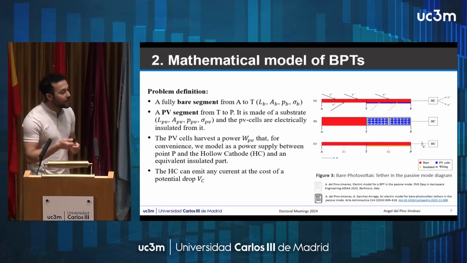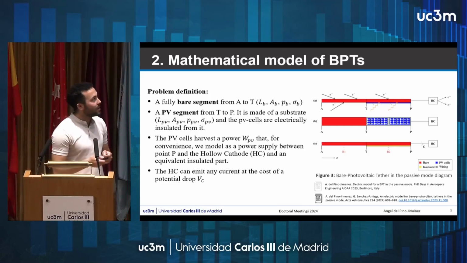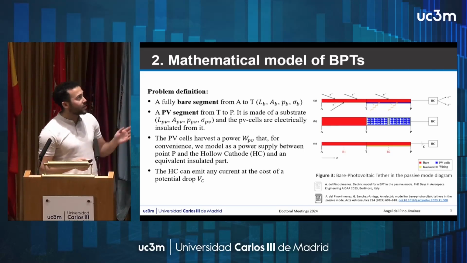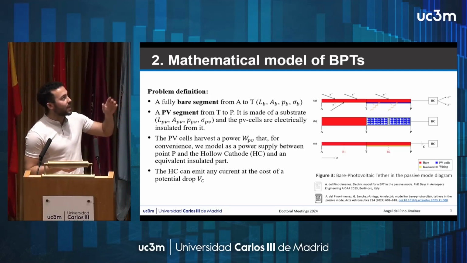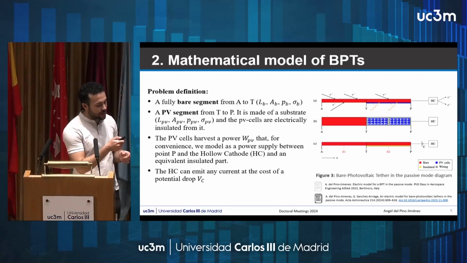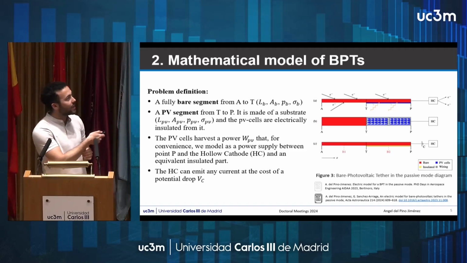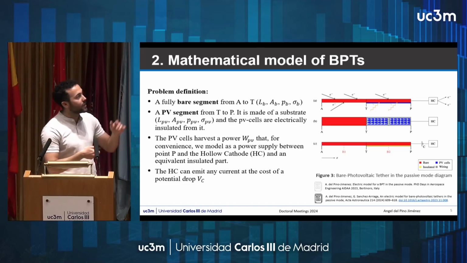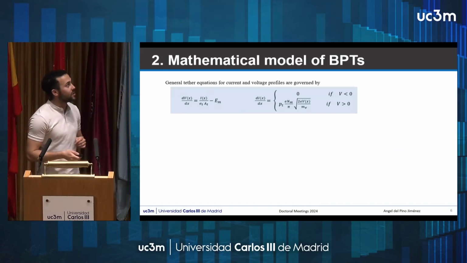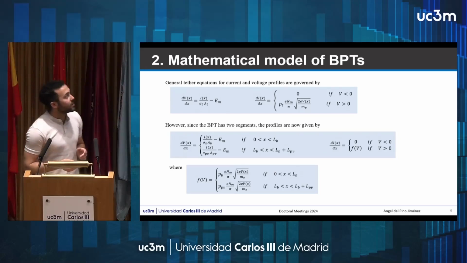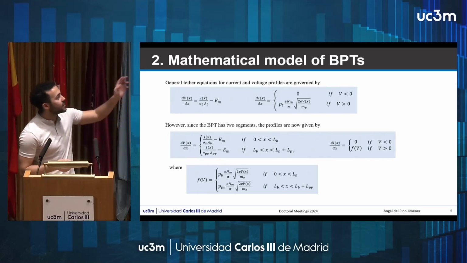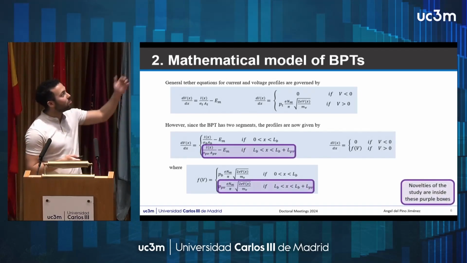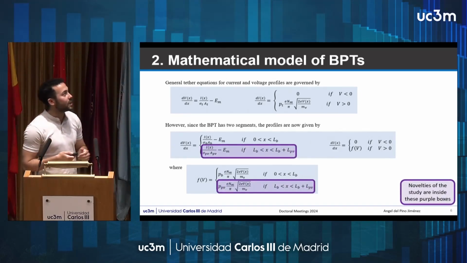As I said before, I will move very rapidly through the mathematical model, but our tether consists of a standard tether with the PV cells on top, and we are modeling it as this extra power included in parallel to the circuit. What is important from the mathematical model is that since we are using a different segment on the tether, we need to modify the equations that govern the tether.